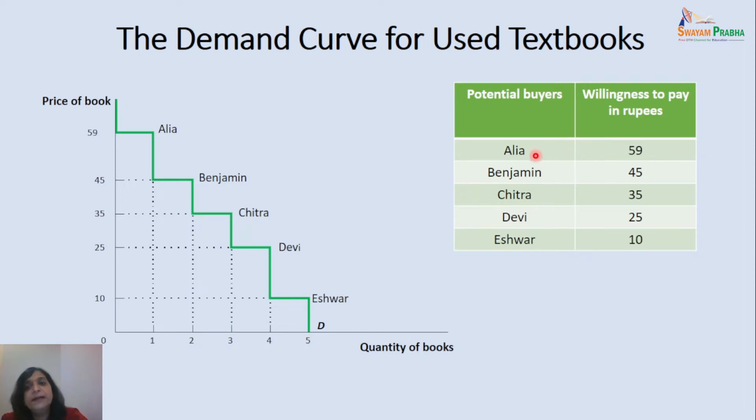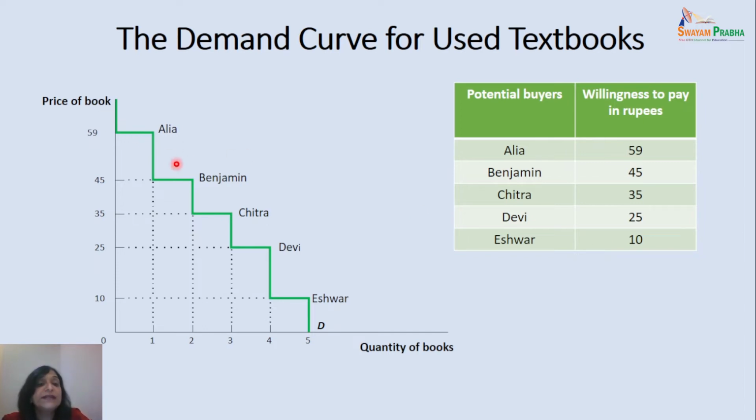For example, Alia says I am willing to pay rupees 59. Benjamin says I am willing to pay 45 rupees. Chitra, Devi and Ishwar have also indicated their prices.